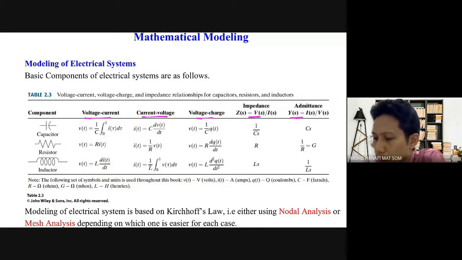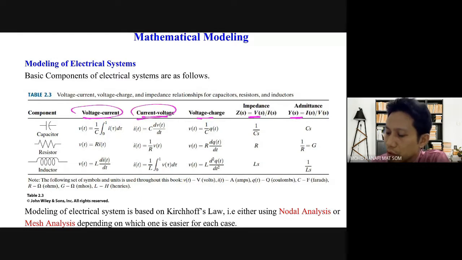Now let's focus on the voltage-current, the current-voltage, and also the impedance. Okay, let's focus on these three.